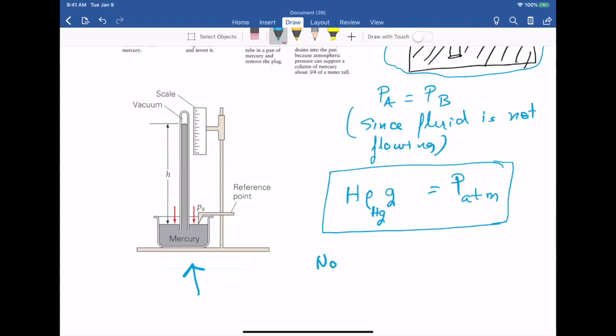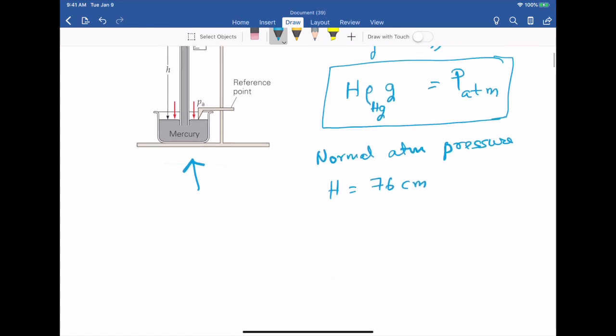You can find that for normal atmospheric pressure, h is about 76 centimeters. And that inspires a new unit of pressure. We've seen plenty of units of pressure so far. It's the cmHg.